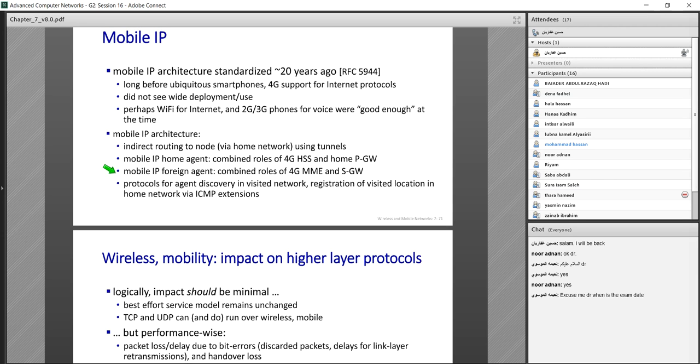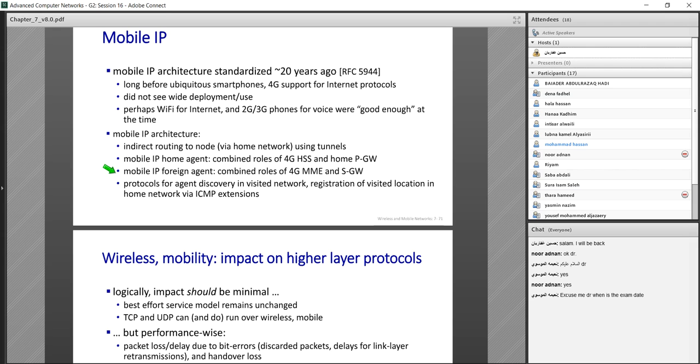Okay, so when we talk about 4G technology, we can see that the basics and the primary protocols used in 4G were prepared 20 years ago to handle mobility over different networks, different cells, moving from one cell into another and maybe migrating from one network to another.